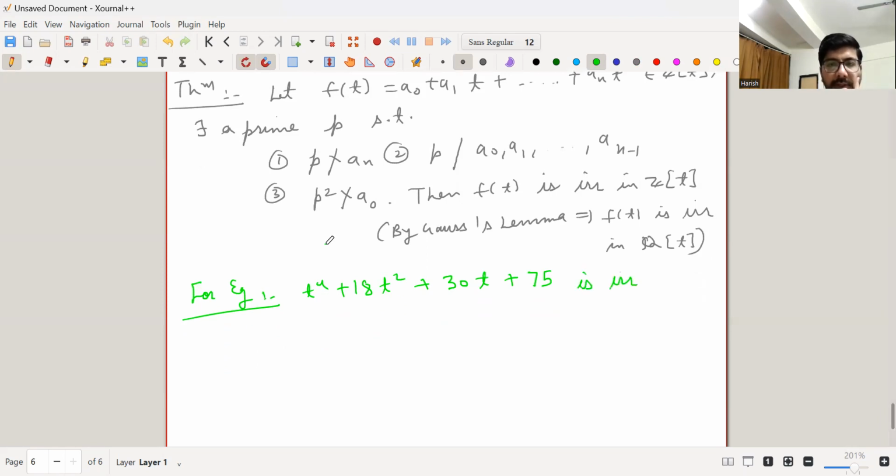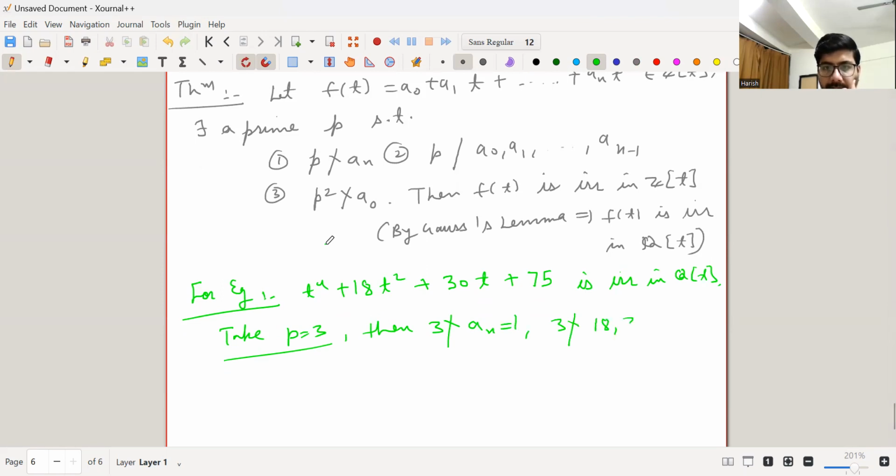So I will say yes, this is irreducible in Q[t]. Why? Because take p to be 3, then 3 does not divide an, that is equal to 1, right? 3 divides 18, 30 and 75, and 3 square, that is 9, does not divide a naught, which is 75, right?